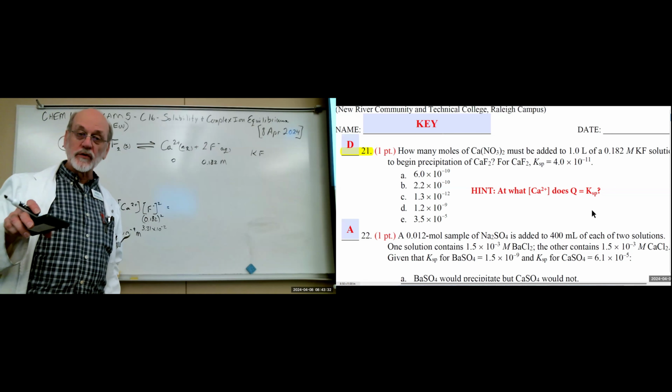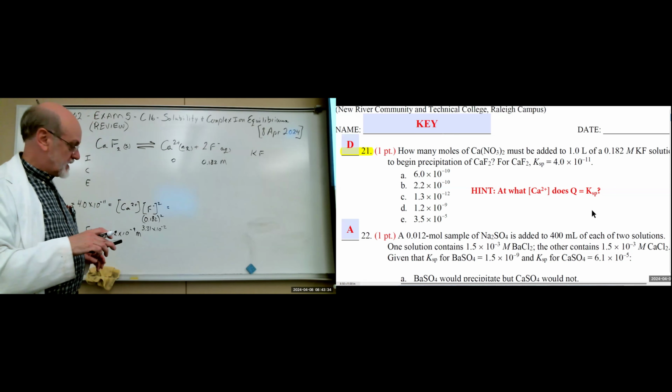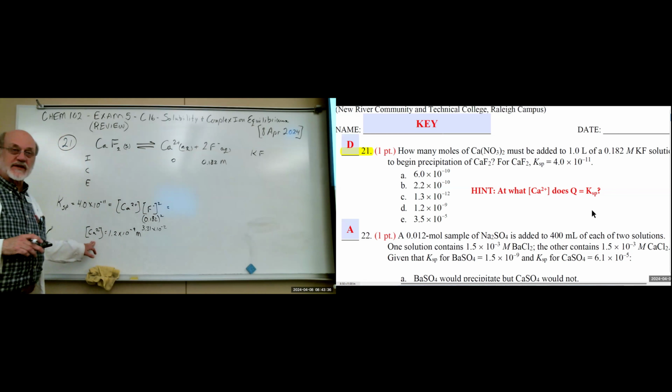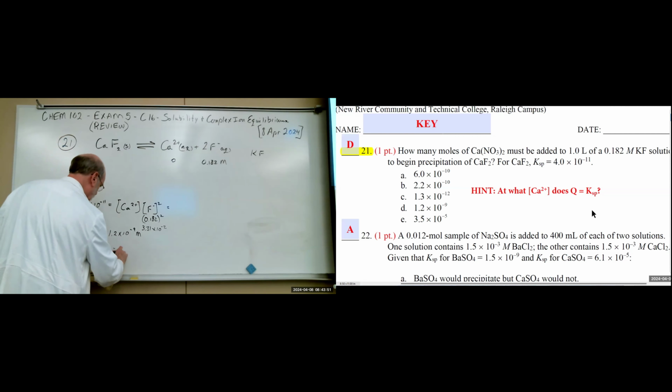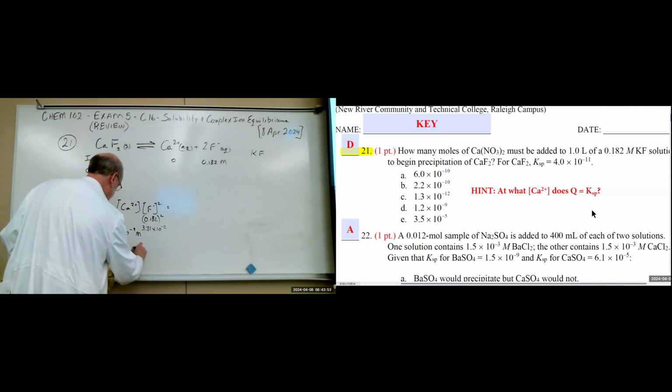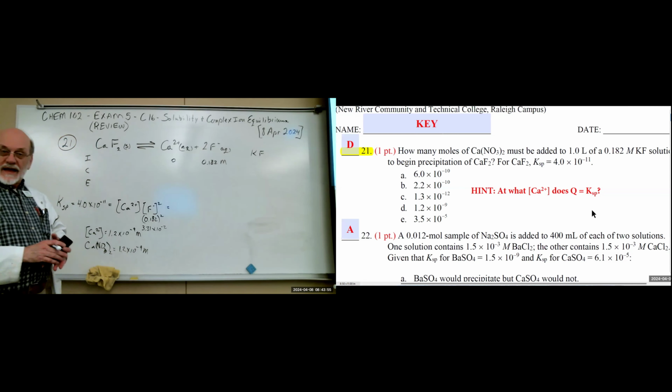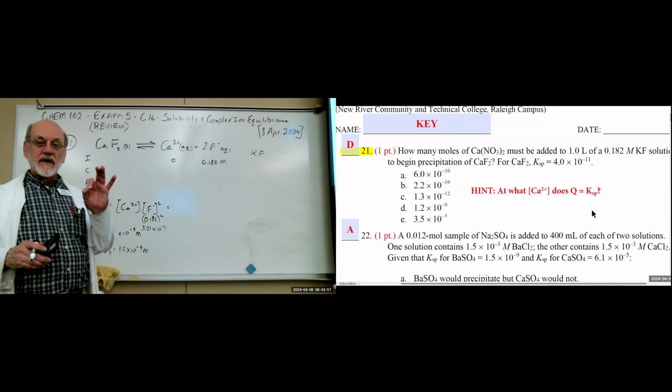So how many moles of calcium nitrate? If this is the concentration of calcium, and there's only one calcium per calcium nitrate, that means this is also the concentration of calcium nitrate, equal to 1.2 times 10 to the minus 9. It asks us for how many moles, right?